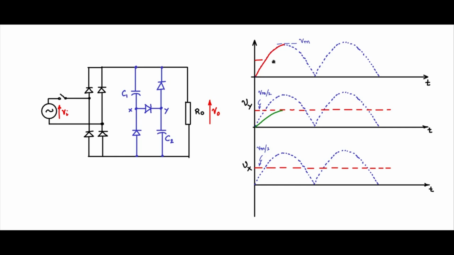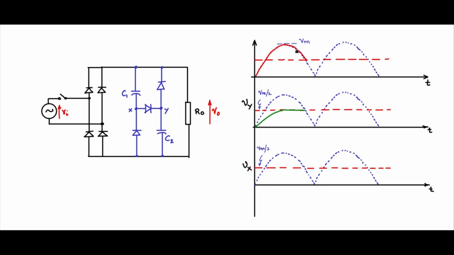So if it is Vm by 2, again the input will charge up the load. The diodes will conduct because the input is still higher than Vm by 2. So till the point Vm by 2 is reached, the output will track the input. So let me draw that Vm by 2 point.